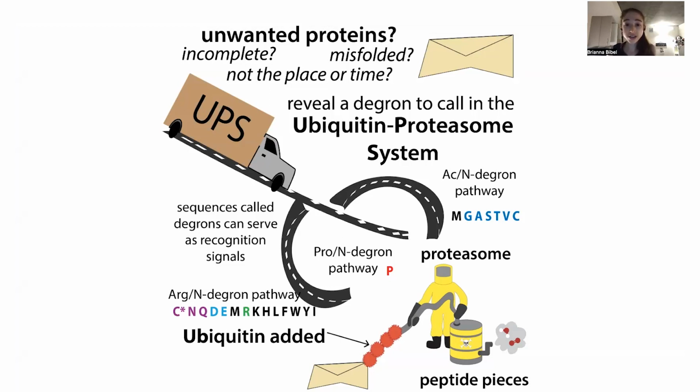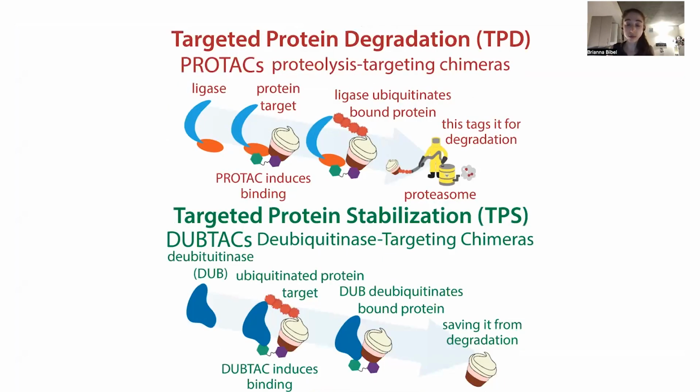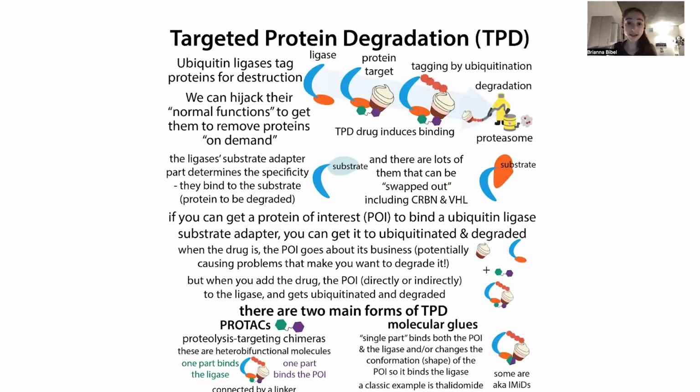Well, we can hijack this UPS system in order to control the levels of proteins to protect the ones that we want to keep protected from degradation using targeted protein stabilization, TPS, such as with DUBTACs. And we can get the ones that we don't want anymore, maybe they're causing problems, we can degrade those using targeted protein degradation, such as with PROTACs or with molecular glues.